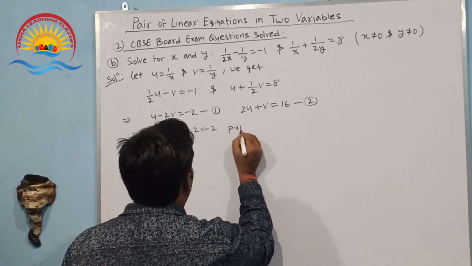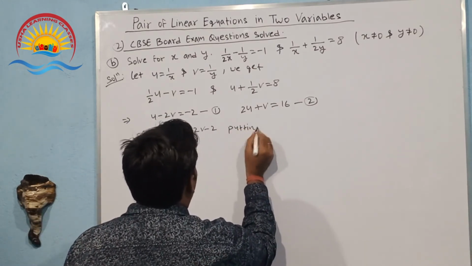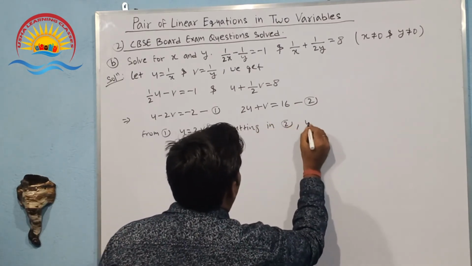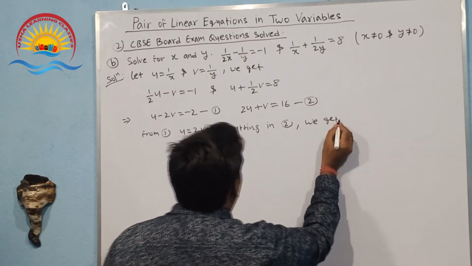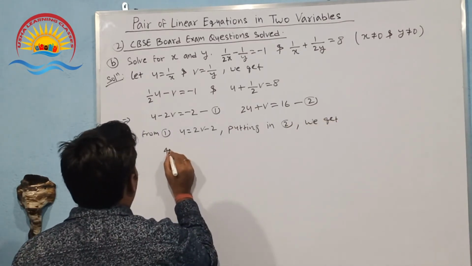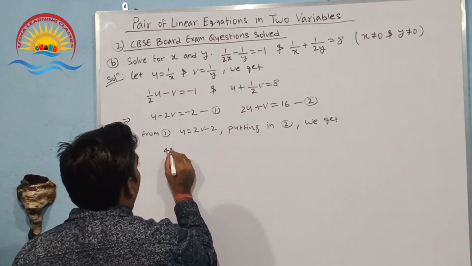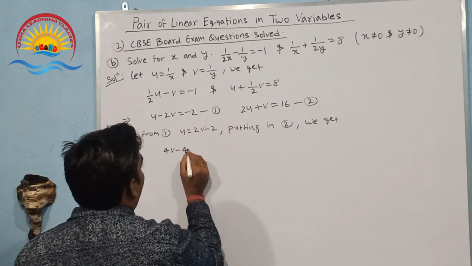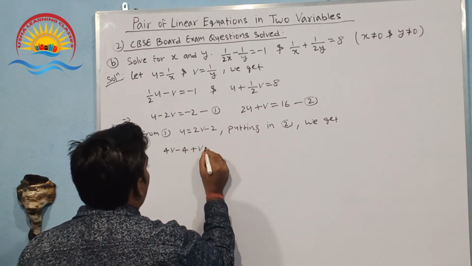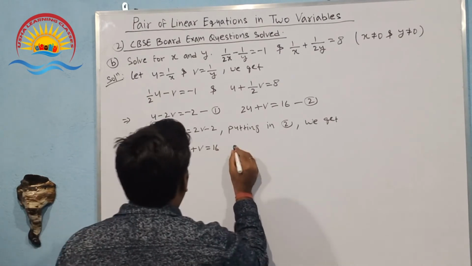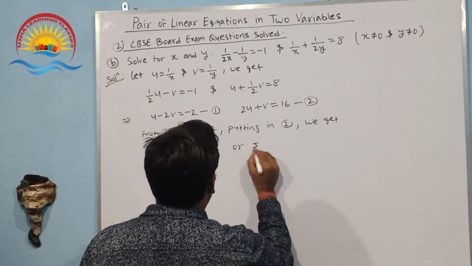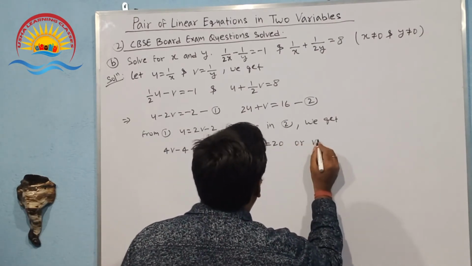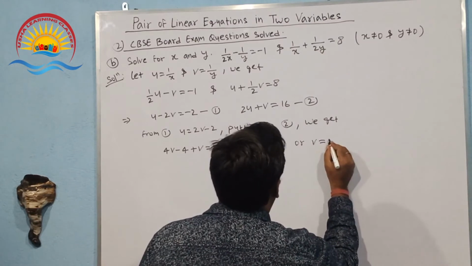Putting in 2, we get 4v minus 4 plus v equal to 16 and 5v equal to 20 and v equal to 4.